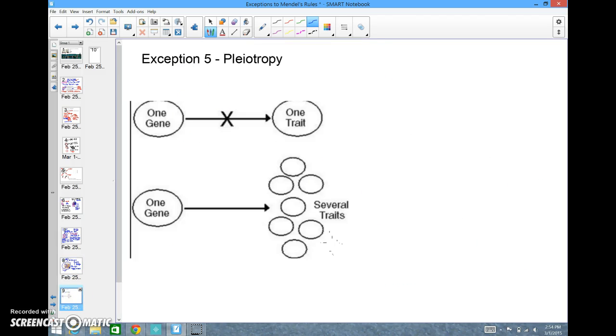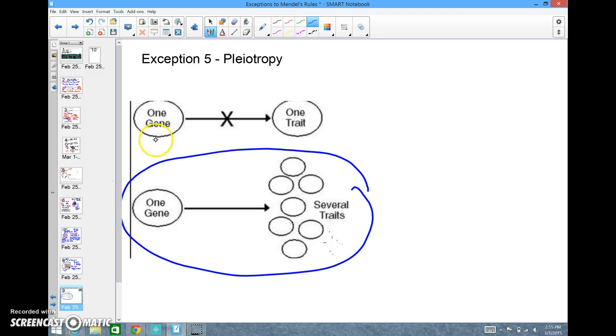And the last thing we need to think about is pleiotropy. Now, this actually goes hand in hand with polygenic inheritance. But basically what pleiotropy is saying, as in this diagram, is that you don't have one gene to one trait. All right? Many of your genes actually influence several traits, okay? And what this does is this allows you to be efficient.